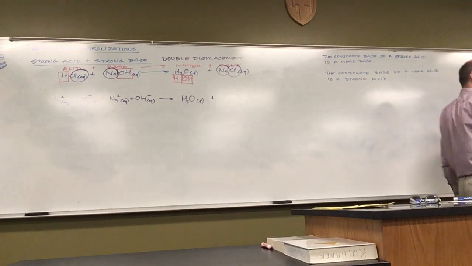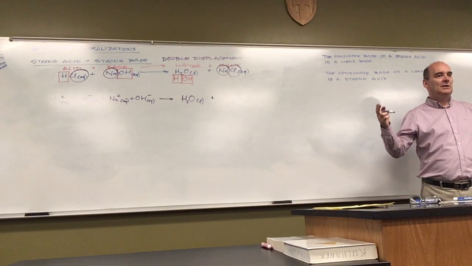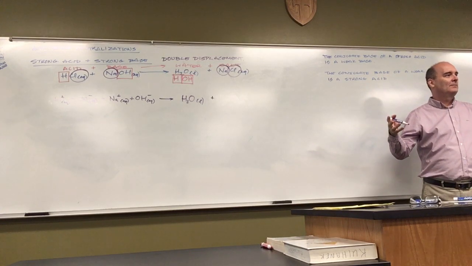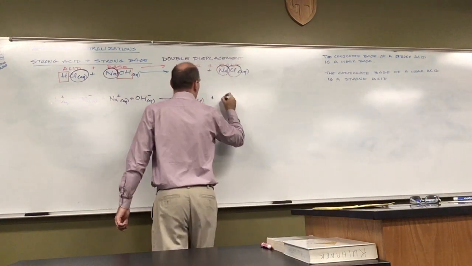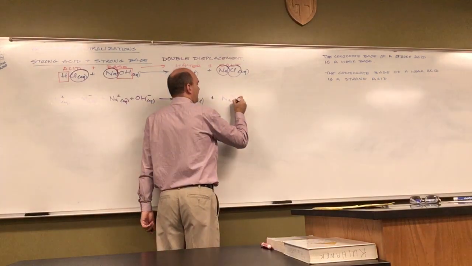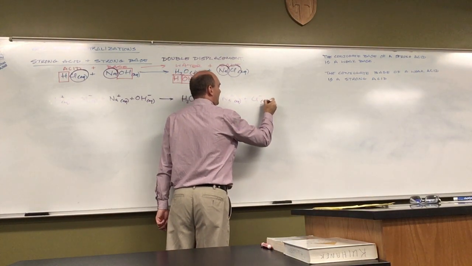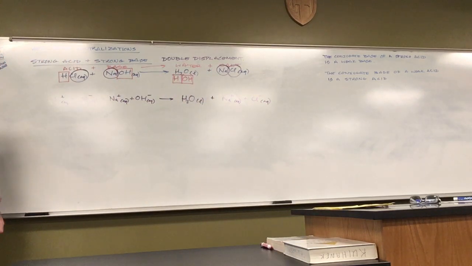Most chlorides are soluble with the exception of silver, mercury, lead, cadmium, something like that. Sodium chloride is a strong electrolyte. It splits apart when you put it in solution. So this is what we call the complete ionic equation. It describes actually what's going on in solution.